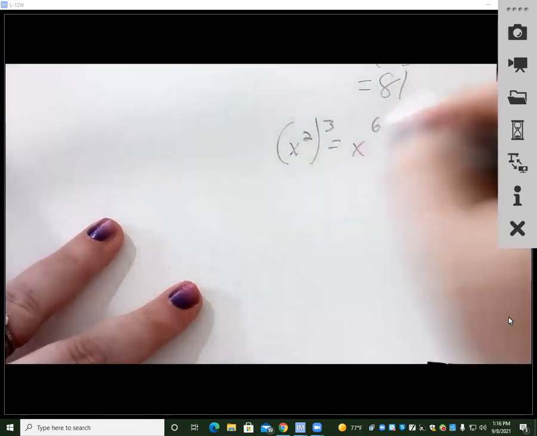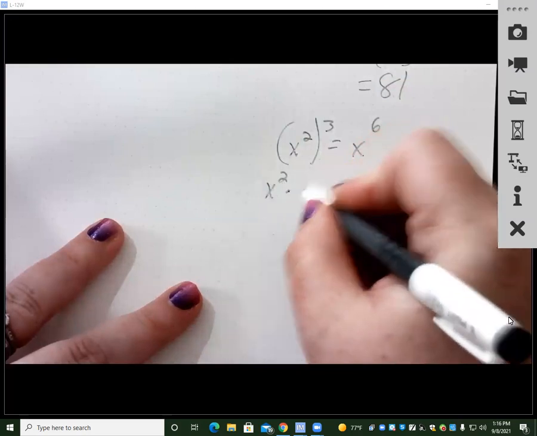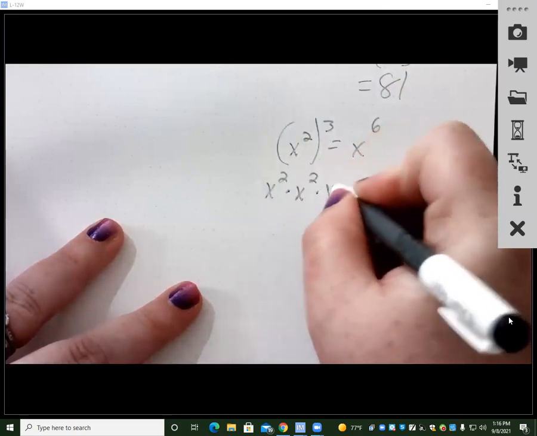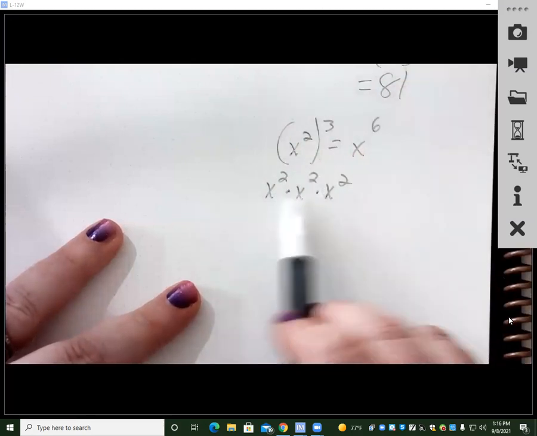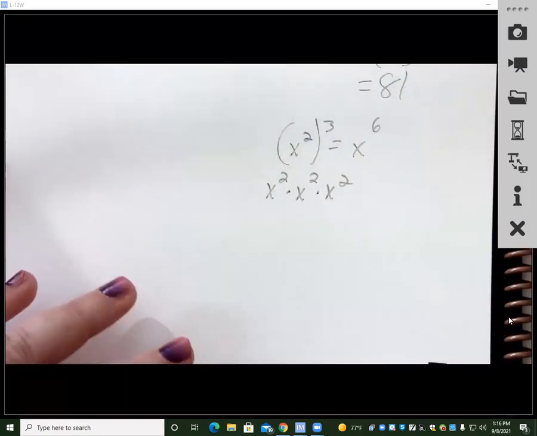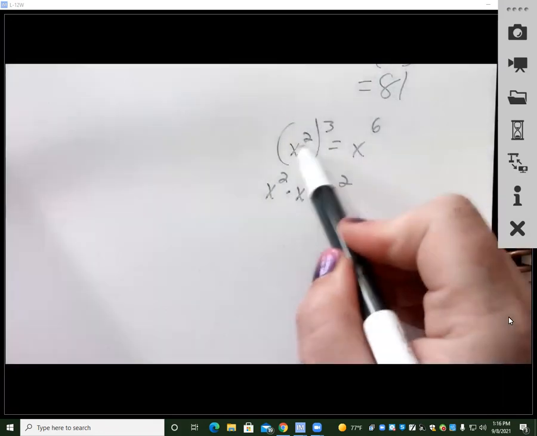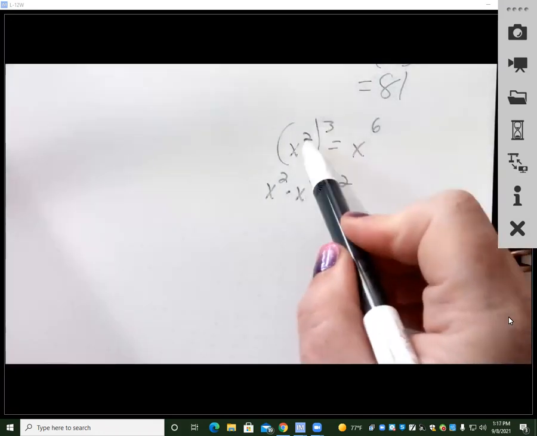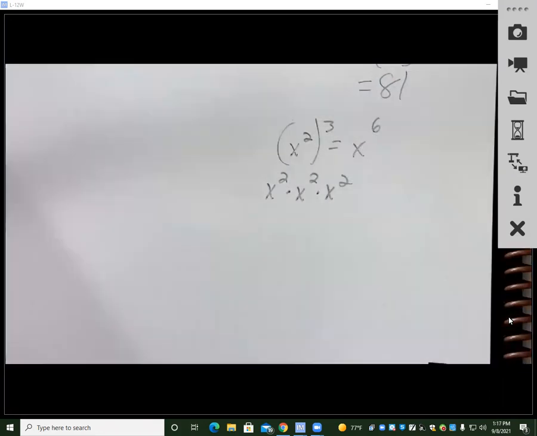Here's why: x squared, three times, x squared, x squared, x squared. When you're multiplying bases that are the same, you add the exponents. If you're raising a power to another power, you multiply. So I multiply the 2 and the 3, and I end up at 6.